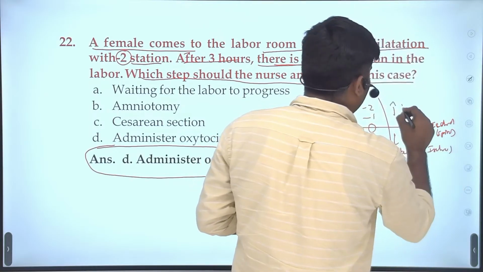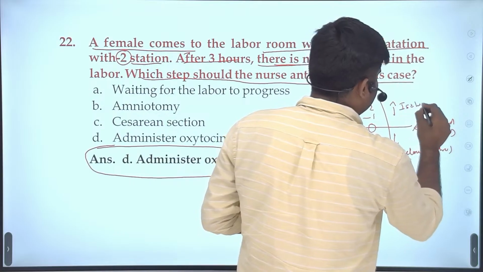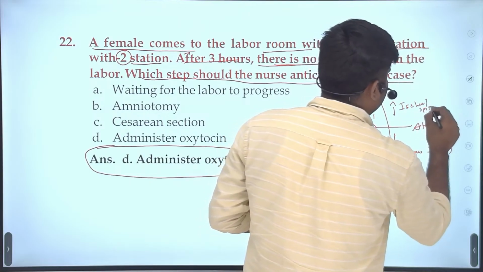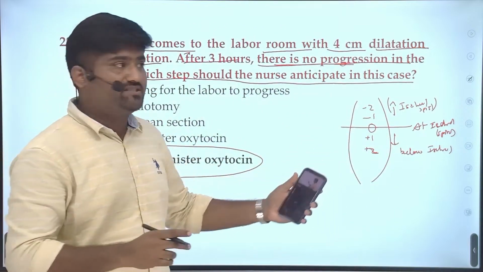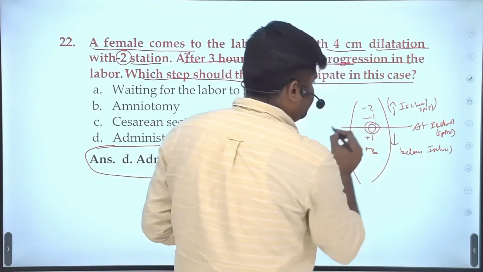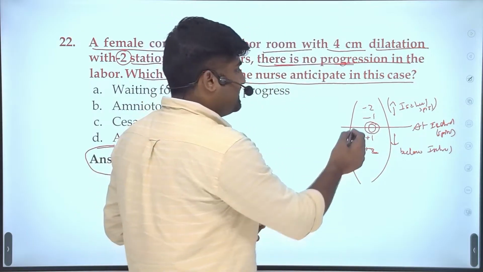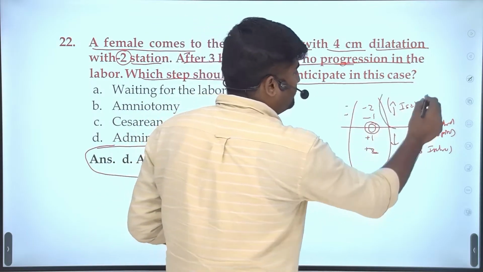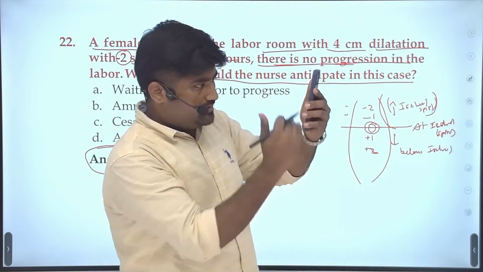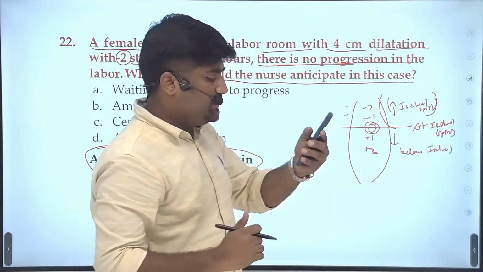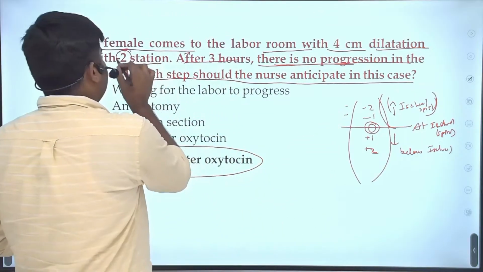This is above ischial spine. These are the things you should know. Don't be confused in these points. If they ask, at the level, that is station 0. Station -1, -2 is above the ischial spine. This is below, this is above. That is the thing you should note in these stations.